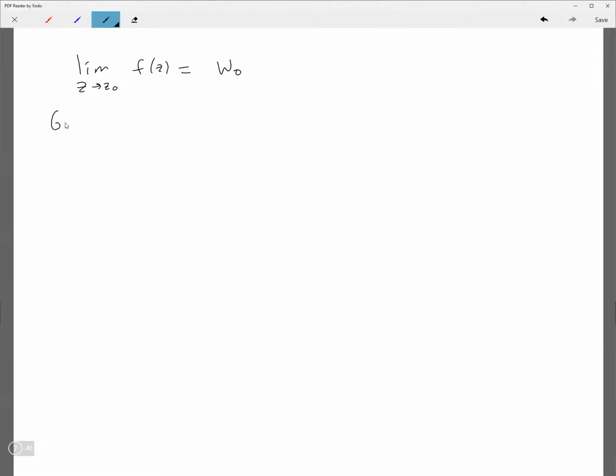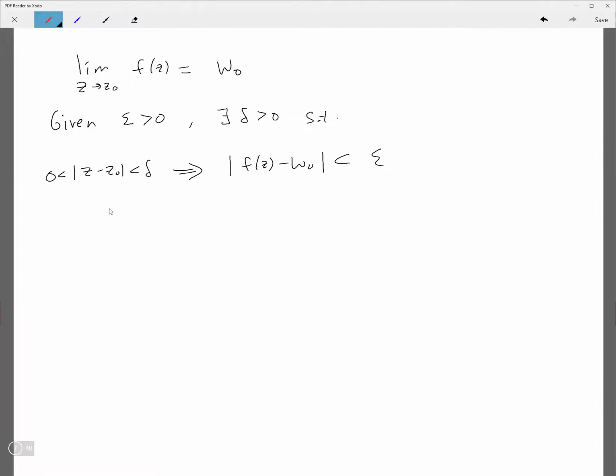Okay, so the definition is: given epsilon greater than 0, there exists a delta greater than 0 such that if the absolute value of z minus z naught is less than delta, this implies the absolute value of f of z minus w0 is less than epsilon.